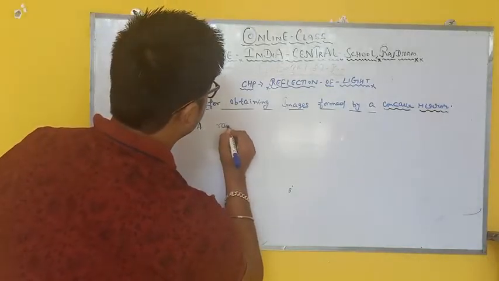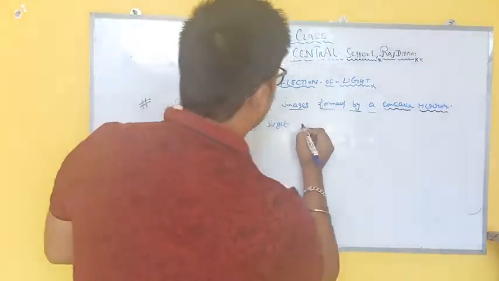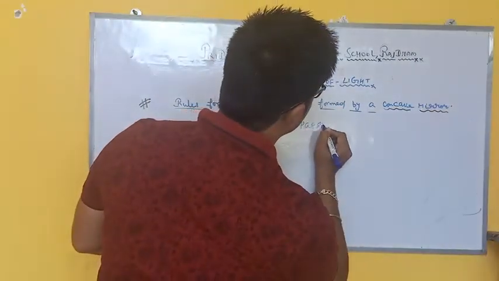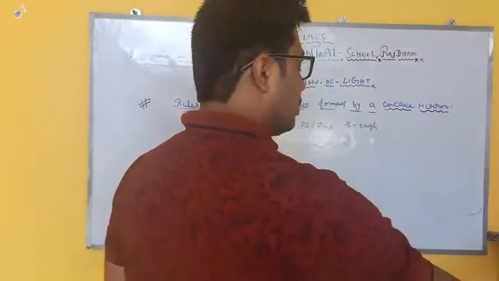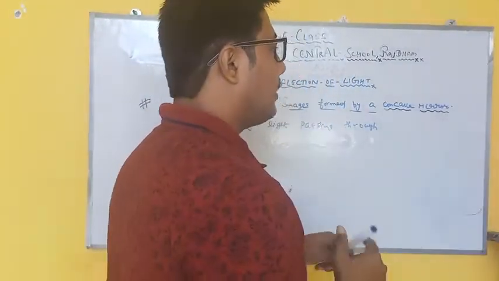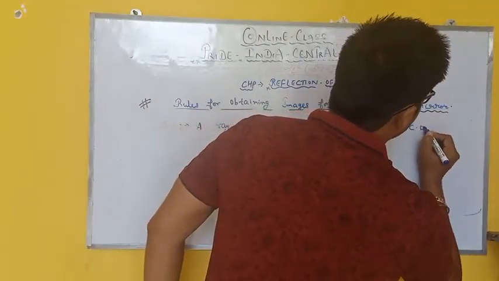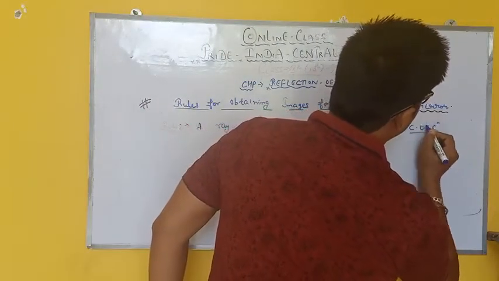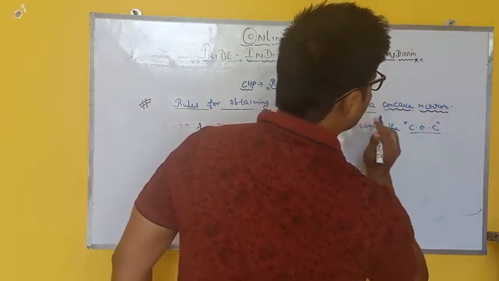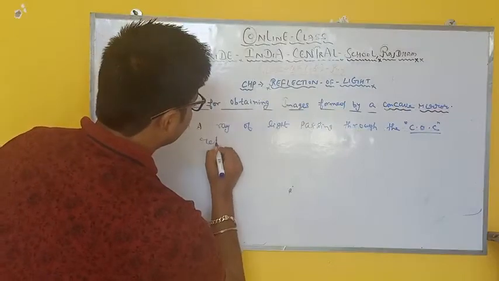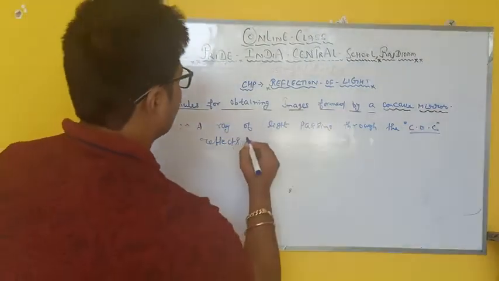Rule number 2. A ray of light passing through the center of curvature, COC, I will be writing it here as center of curvature, reflects back in the same path.